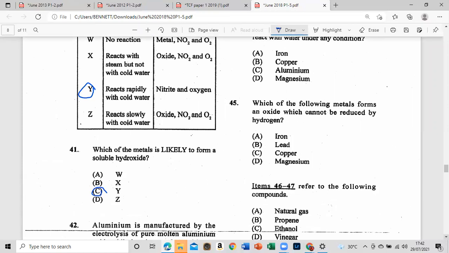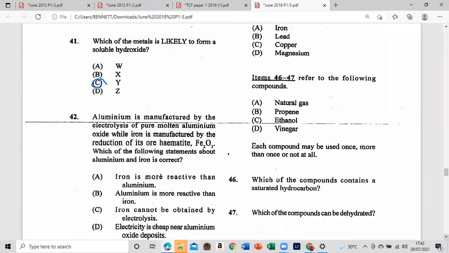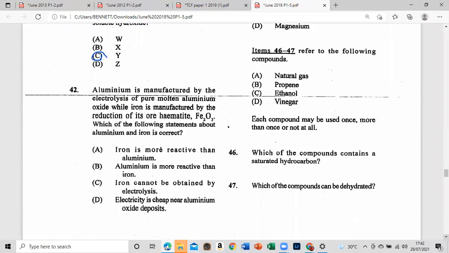42, aluminum is manufactured by the electrolysis of pure molten aluminum oxide, while iron is manufactured by the reduction of its ore, hematite, iron oxide. Which of the following statements about aluminum and iron is correct?